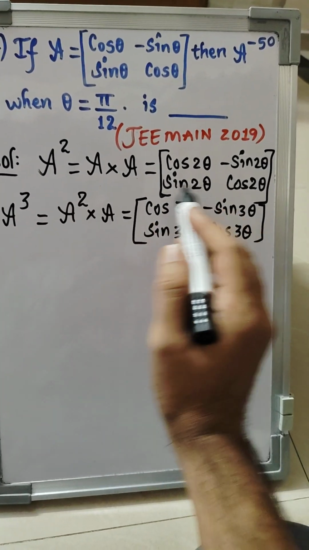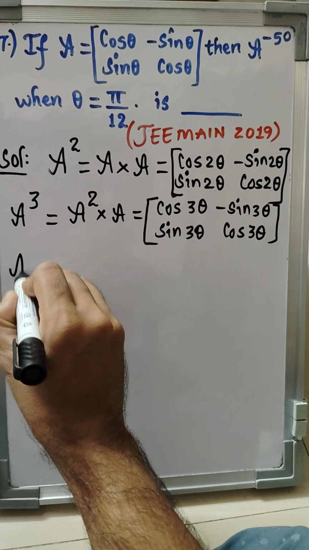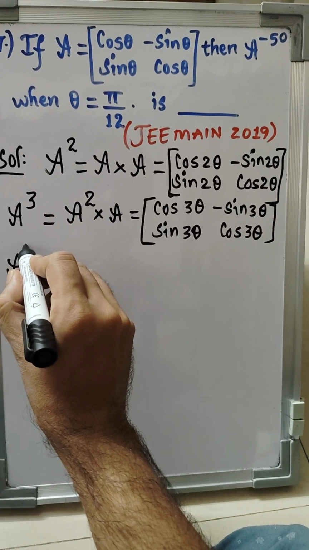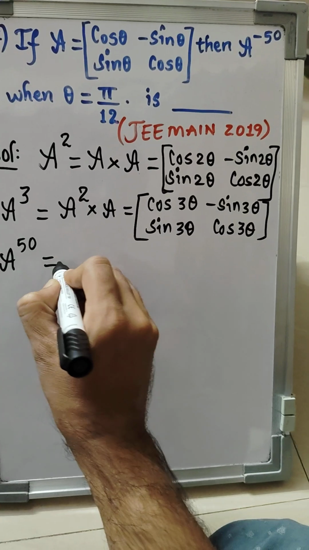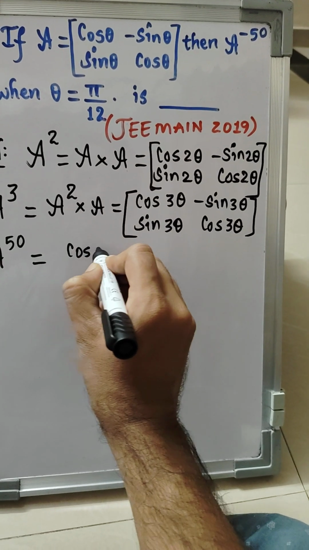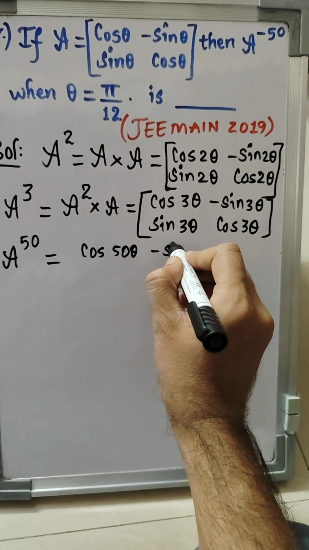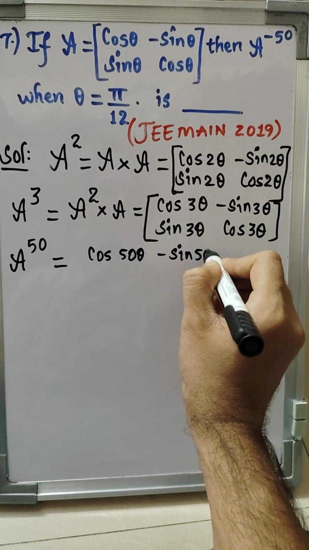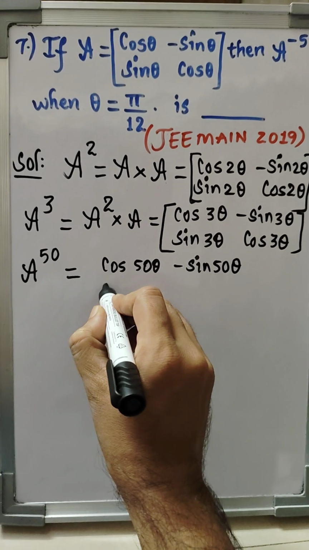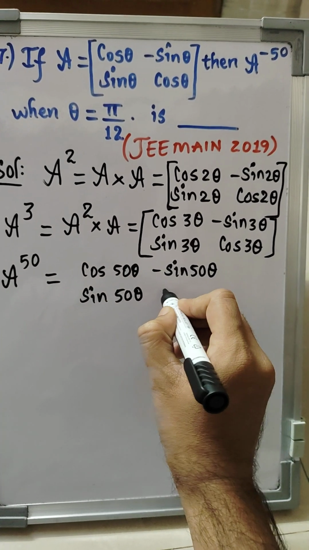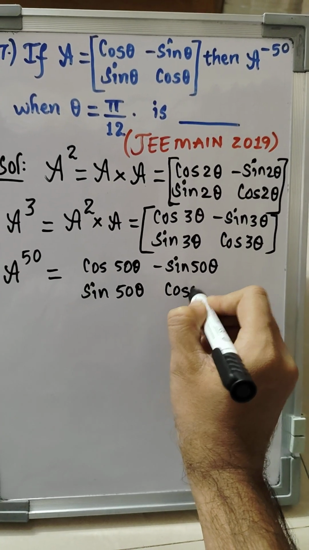Similarly, when we find A power 50, we can get it as cos 50 theta, minus sin 50 theta, sin 50 theta, cos 50 theta.